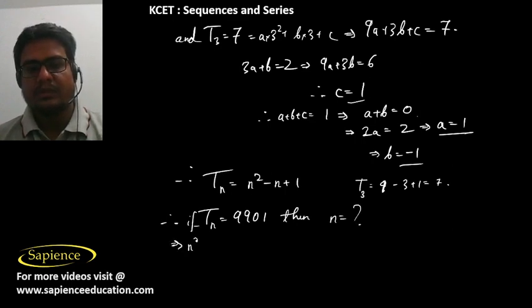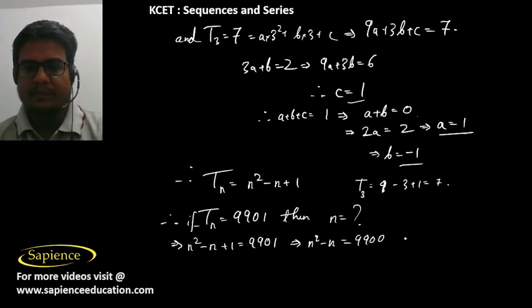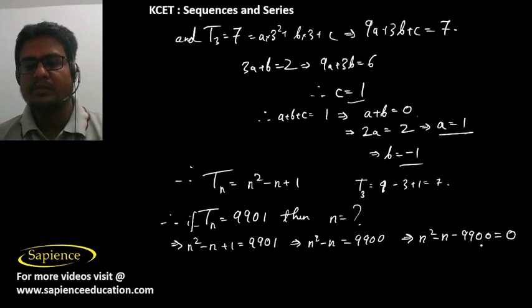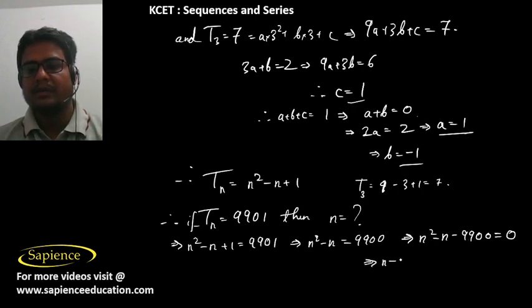So if we solve it, then we will get n square minus n plus 1 is equal to 9901. So n square minus n is equal to 9900. So therefore n square minus n minus 9900 is equal to 0. If we factorize it, then we will get (n minus 100) into (n plus 99) is equal to 0.